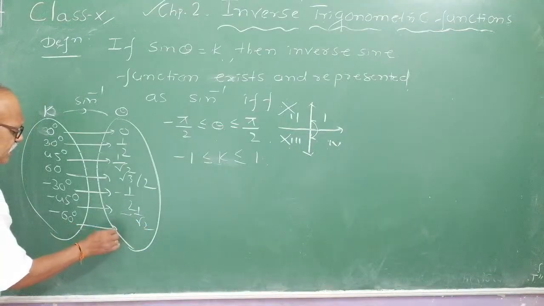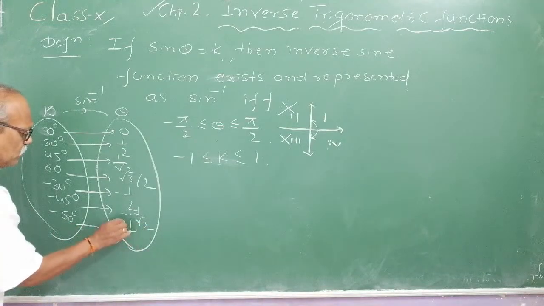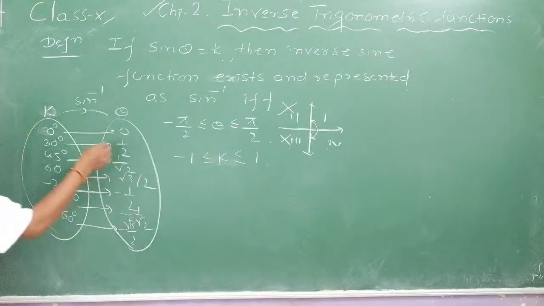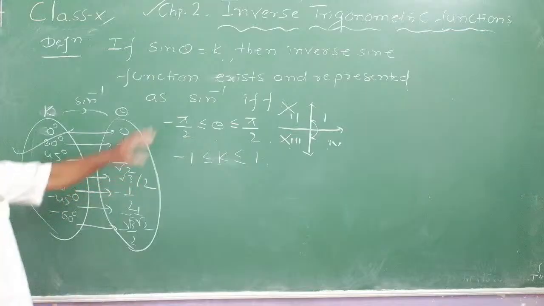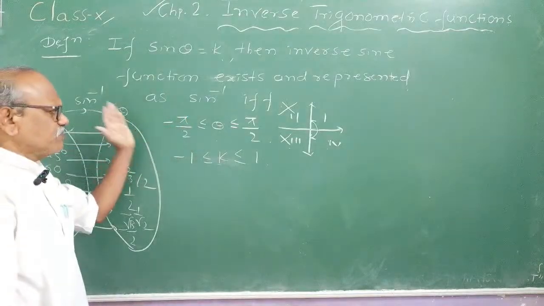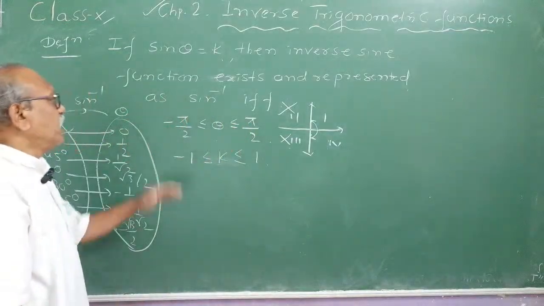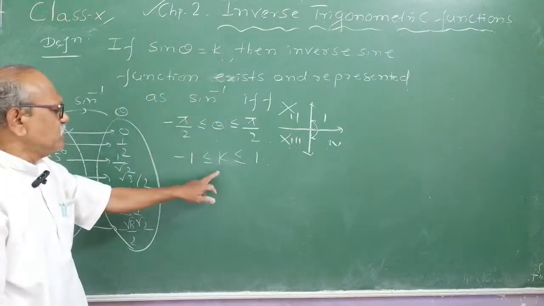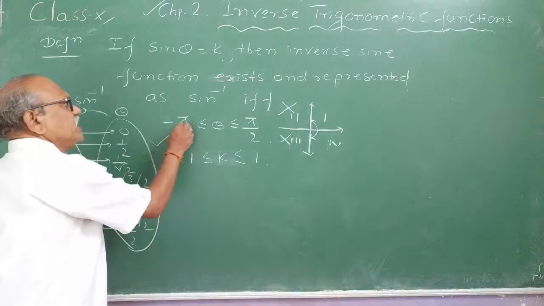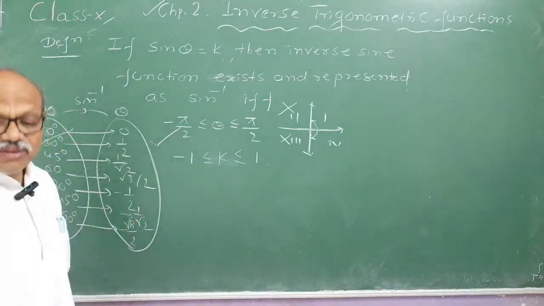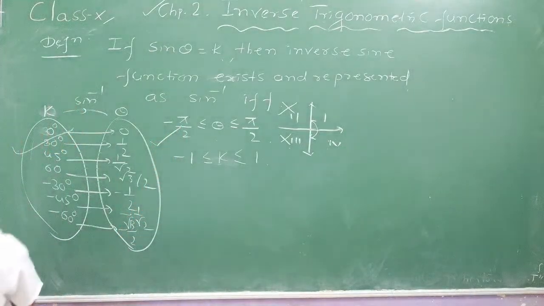Sine minus 60 minus root 3 by 2. Observe. Here, under these conditions, when theta lies between minus pi by 2 to plus pi by 2 and the value of k lies between minus 1 and plus 1, then only you can define inverse sine function. Otherwise, inverse sine function cannot be 1, 1 and on 2.